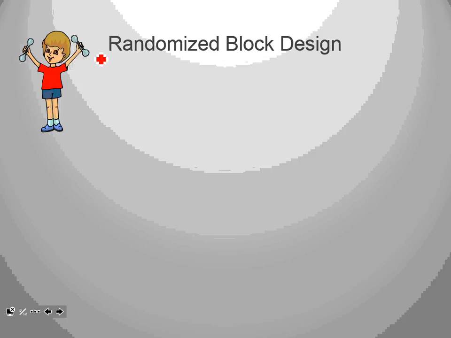I want you and your neighbors to think of a way that you can block design this experiment that we talked about last class, where we had little kids either doing heavy weightlifting, heavy weights, low reps, moderate weightlifting, which was less weight but more reps, or a control group, which is no lifting weights, okay? How could we block this? Discuss it with your neighbors.